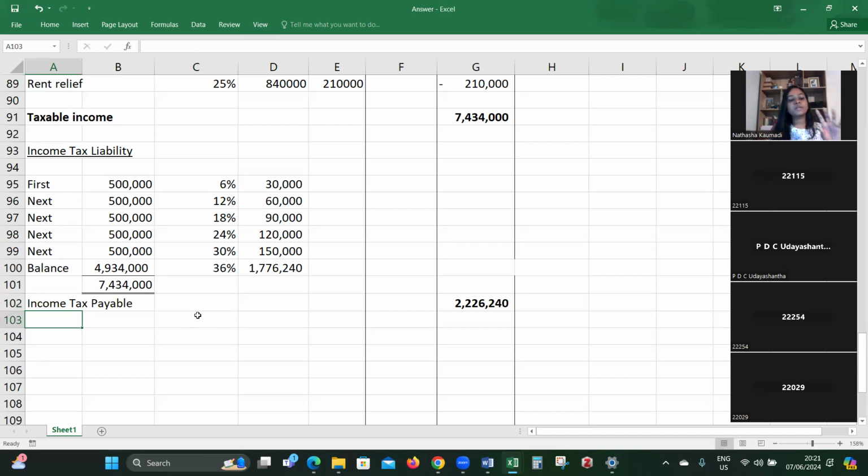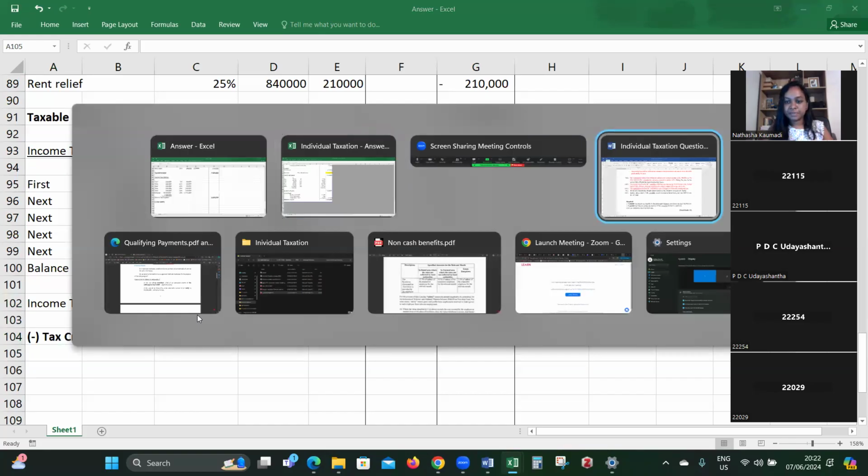So after computing the taxable income, you applied the tax rates for different slabs, and then you took the income tax payable. Now the last part, you can deduct the tax credits. What are the tax credits available for us?